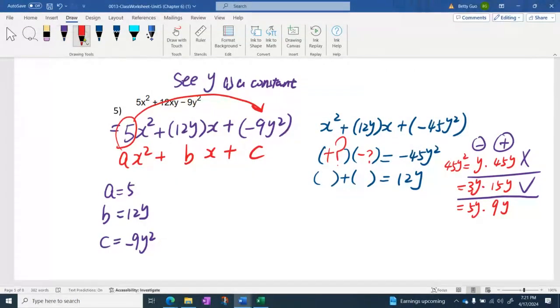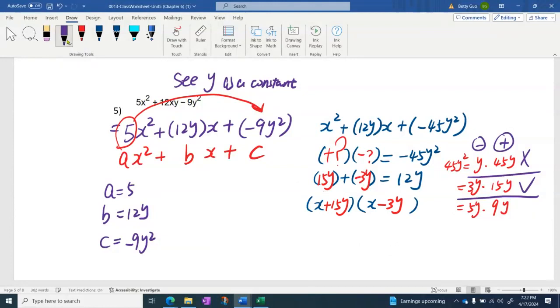15y positive, and negative 3y negative. 15y and negative 3y multiply to negative 45y squared and add up to 12y. So the shortcut would give us x plus 15y, x minus 3y.